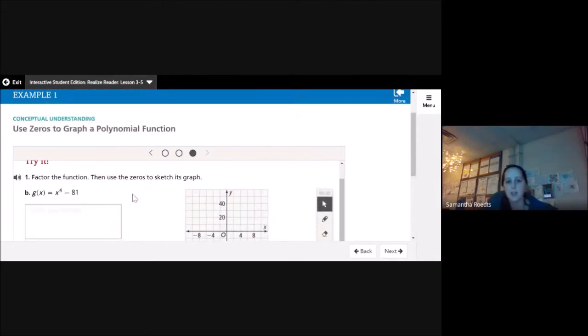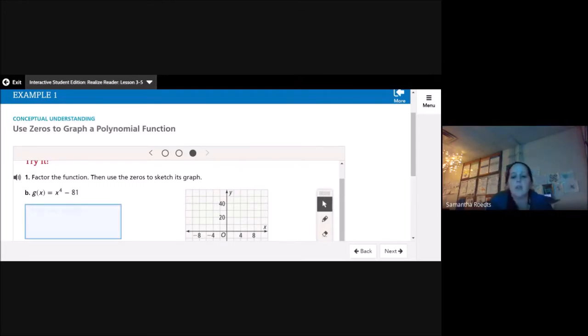All right, factor the function, then use zeros to sketch its graph. So I have x to the 4th minus 81. So 4th root. 3 to the 4th is 81.